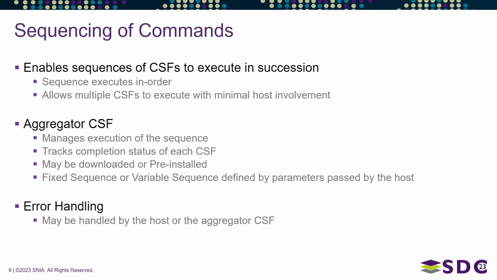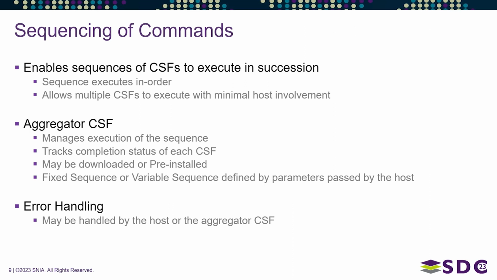So it's going to perform that management. It's going to track the execution status for each CSF. The aggregator CSF could be downloaded or it could be pre-installed in a particular computational storage device. And the aggregator CSF may support a fixed sequence or a variable sequence based upon parameters that are passed by the host.